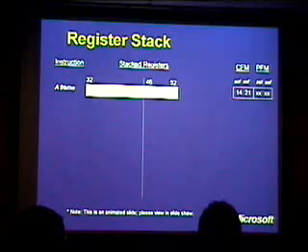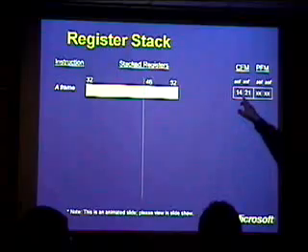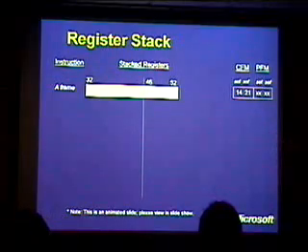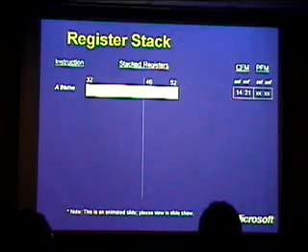So as you can see on the left, the current frame marker over here says, these are in decimal by the way, we have 14 locals and a frame size of 21, so that means there's 7 output registers.